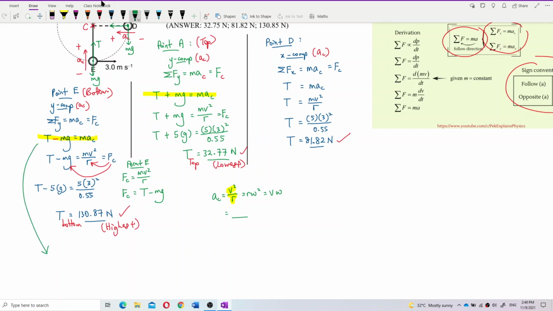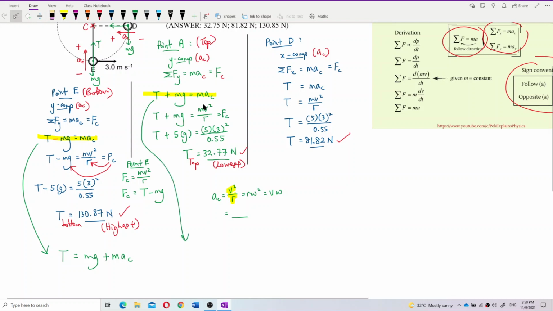This one, you put the tension at the front, so we will get T equals mg. When we transfer the negative mg to the other side, we will get mg plus mac. However, for this one, if we transpose the tension, put mg to the other side, so what do we get?